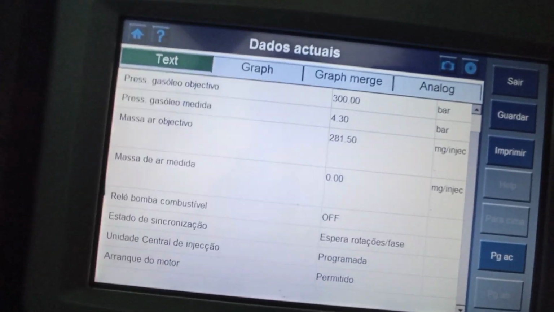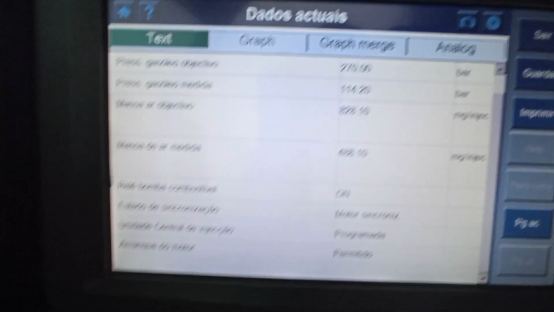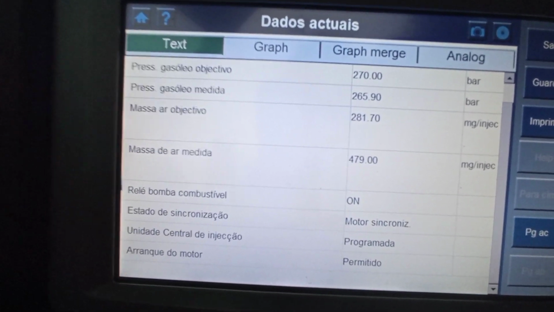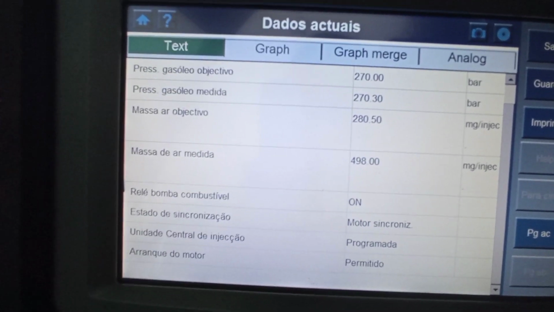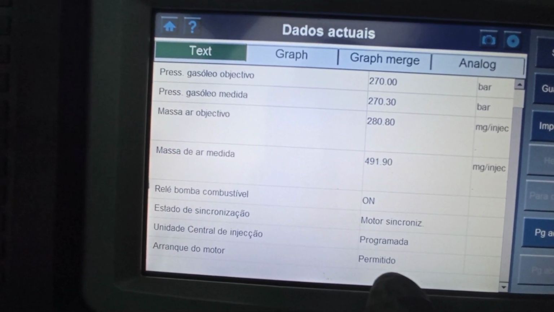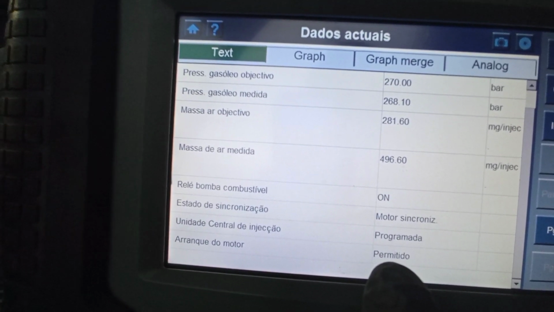Now, before we get to the problems, I will start the engine to see everything working correctly, to have a baseline to understand what may be wrong with your engine. So I will try to start this very quickly because this Autel machine turns off when I start the engine, but I think everything is okay. So the starting of the engine is allowed because it read that my key fob is okay.